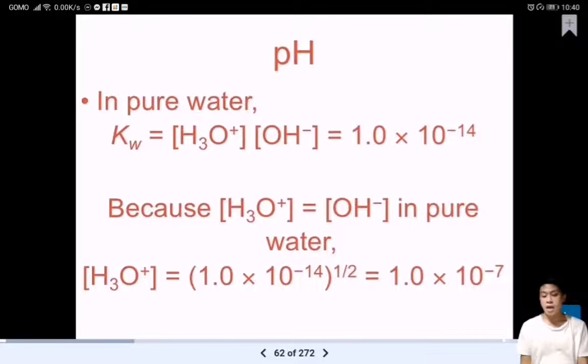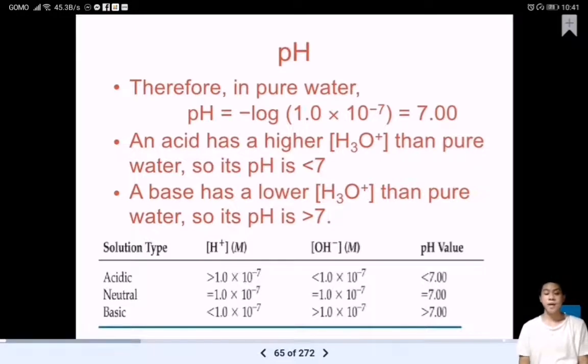So in pure water, Kw equals the concentration of H3O⁺ times the concentration of OH⁻, which equals 1.0 times 10 to the power of negative 14. Because the concentration of H3O⁺ equals the concentration of OH⁻ in pure water, H3O⁺ equals 1.0 times 10 to the power of negative 14 to the power of 1 half, which equals 1.0 times 10 to the power of negative 7.